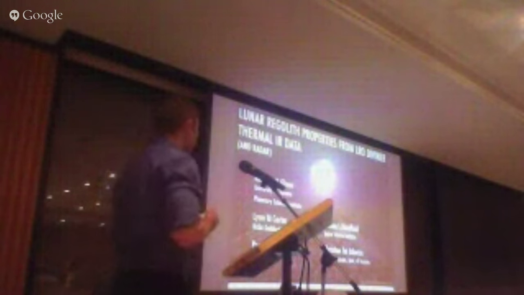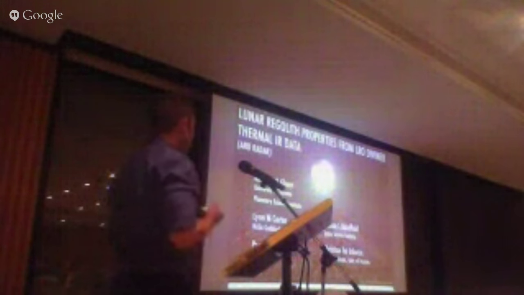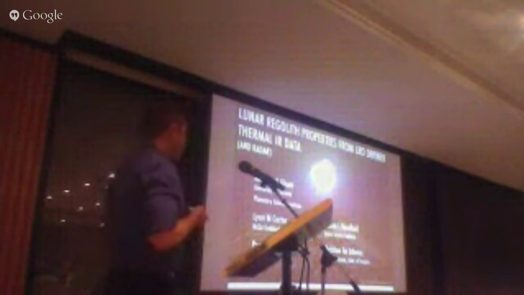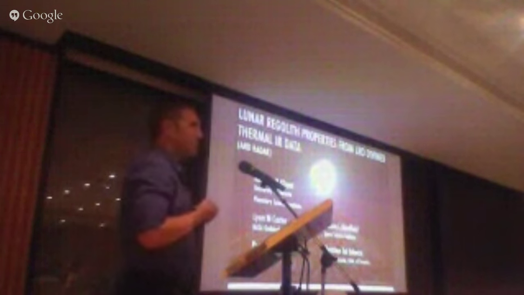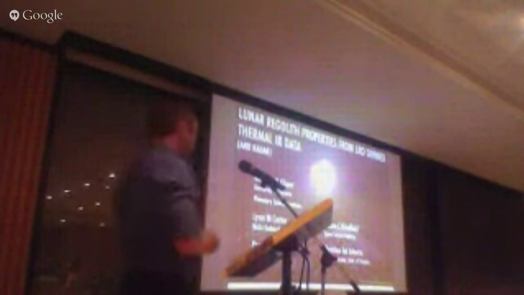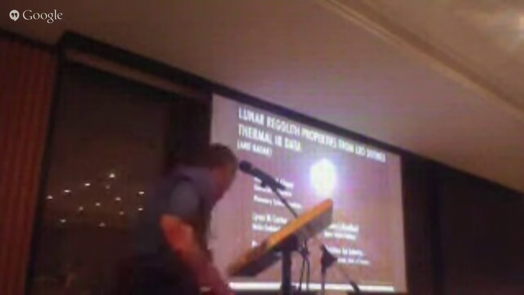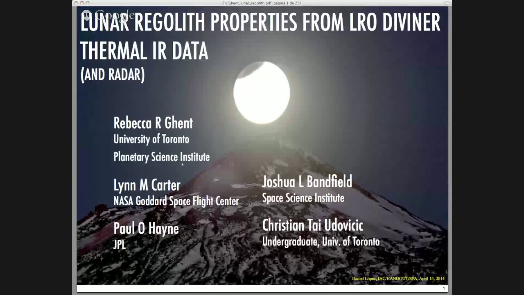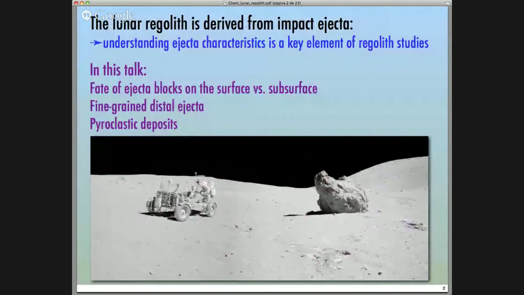And this is based on ongoing work, but also, if you're interested, I recommend looking at the paper we published in Geology several months ago in 2014. Okay, so the basic idea here is that the lunar regolith has developed over time.